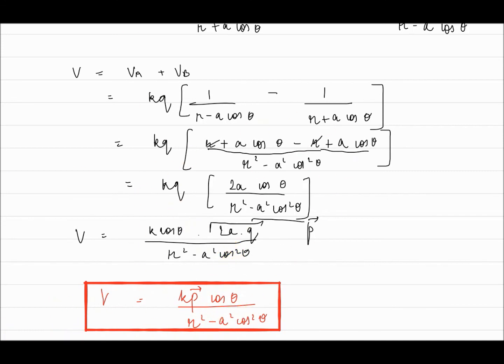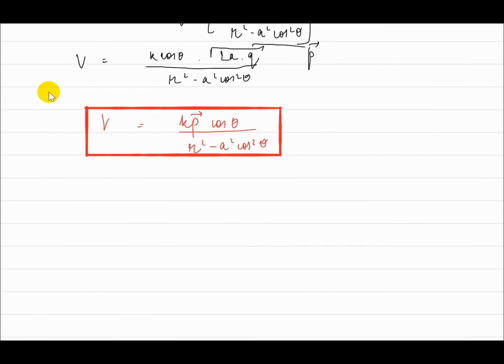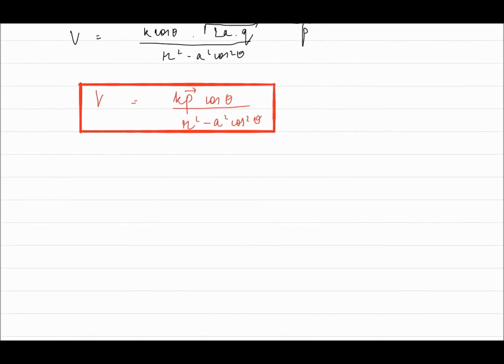So we have some special cases. The first one is if P lies on the axial line. So we'll derive the result we have done before. Then theta becomes 0.